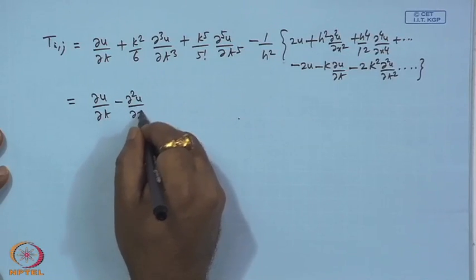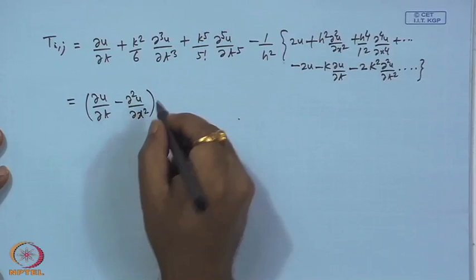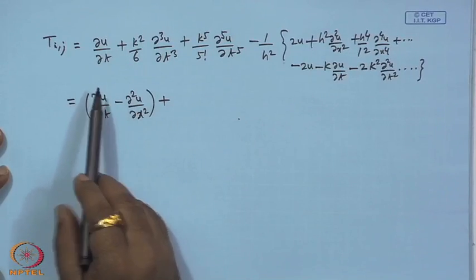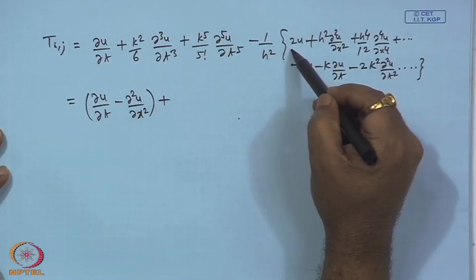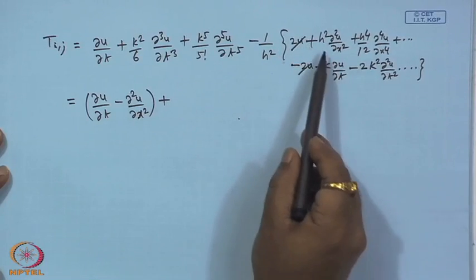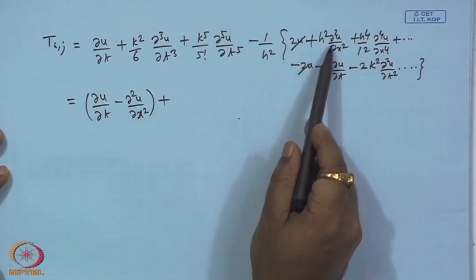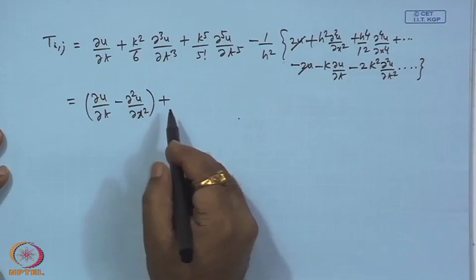So, even though there is some labor involved, better to do this. So, this I am clubbing, you can see. So, this get cancelled. So, h square cancels. So, you get dou e by dou t minus this term. Okay. This is what I put.